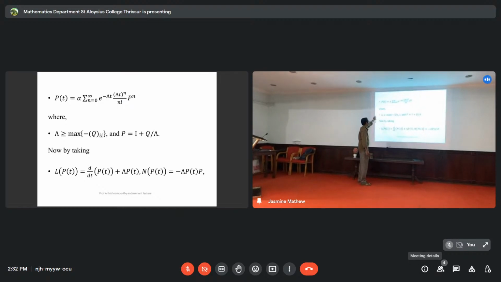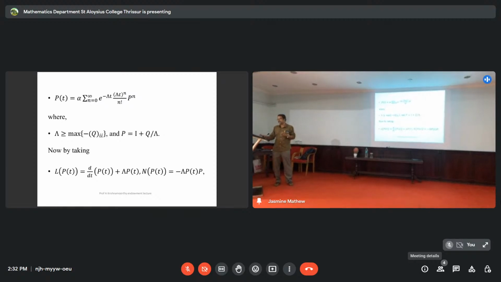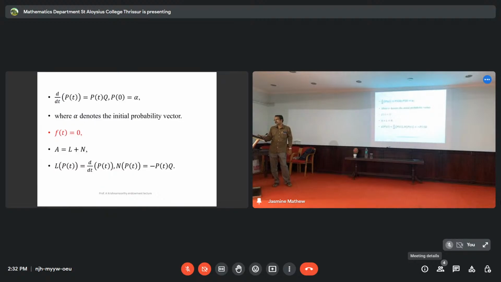Now again we split the differential operator, as d by dt of p(t) plus lambda times p(t). So you can say that there is a change in the definition of L. Earlier the definition was L p(t) equal to d by dt of p(t).